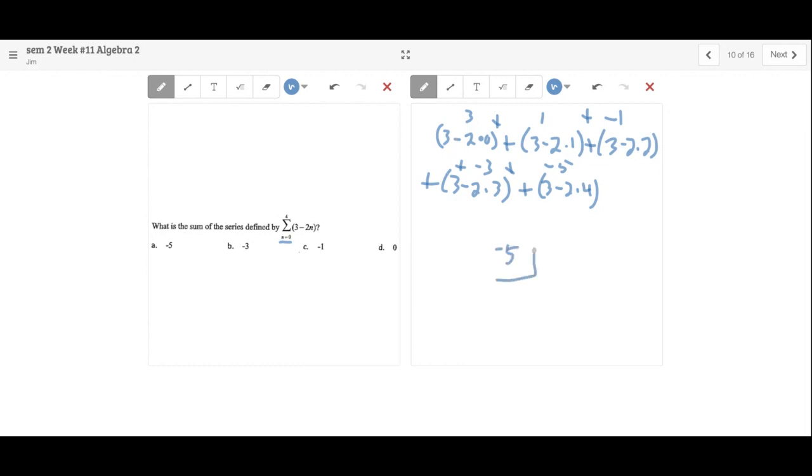So -5. It's not D. It's letter A. So that is how you do a summation problem. It started with 0 this time and went all the way to 4.